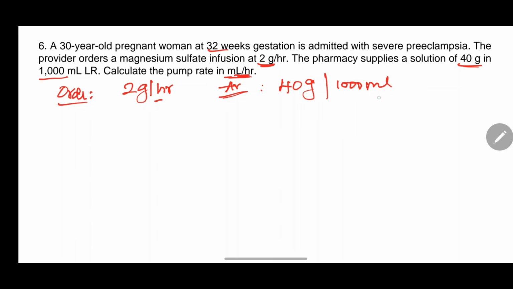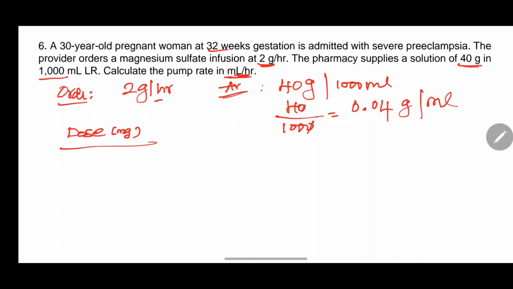Now it is in 1000 ml, right? So now we have 40 divided by 1000, which is 0.04 gram per ml. Okay, so for easy calculation, if we put the dose in mg, it will be easy for us. The units are in gram, right? So we can convert it into mg. 1 gram is equal to 1000 milligram.